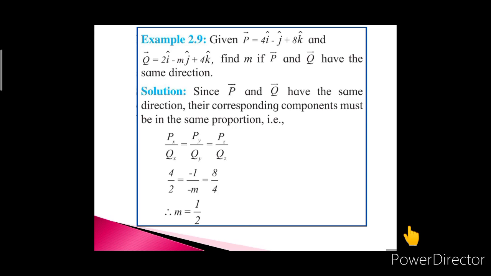That means these two vectors are parallel to each other, and we had determined the value of m, which is half. So here we had discussed the examples based on the topic multiplication of vectors.